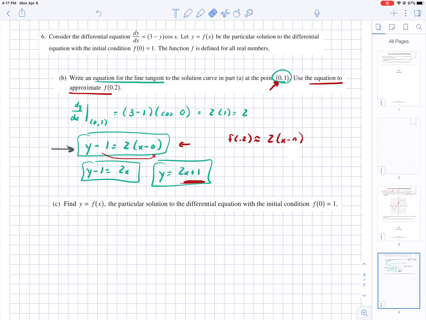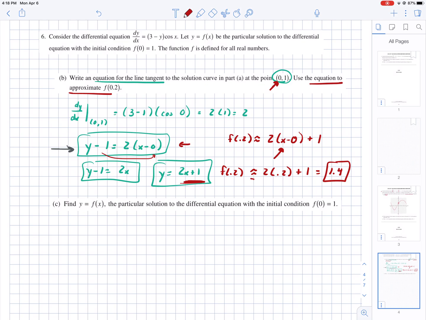Sorry, I got to put in the right spot. So, that is 0. Sorry, I'm thinking about the 0.2. So, plus 1. And then right there, I'm going to plug in a 0.2 for that value. So, f of 0.2 is approximately 2 times 0.2 plus 1. Well, 2 times 0.2 is 0.4. So, f of 0.2 is about 1.4.